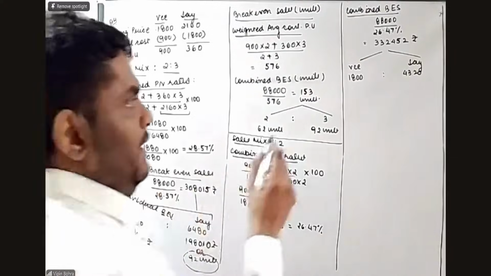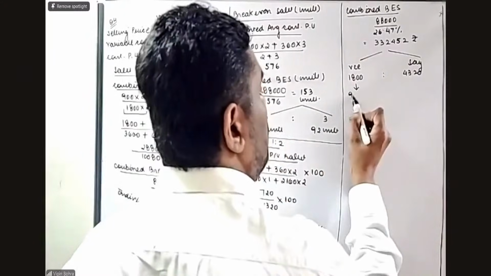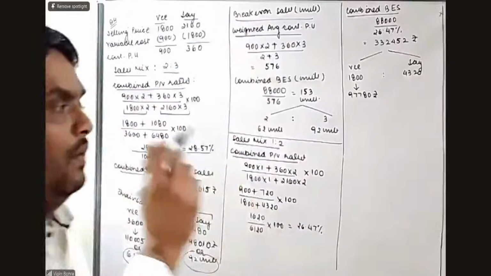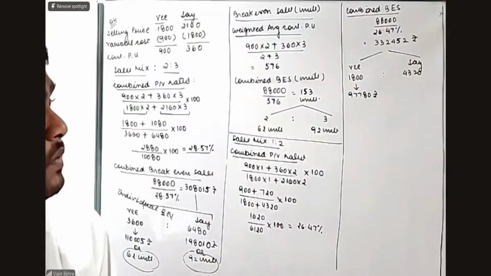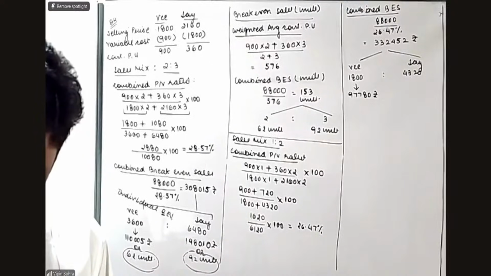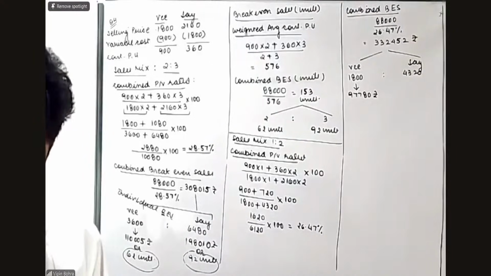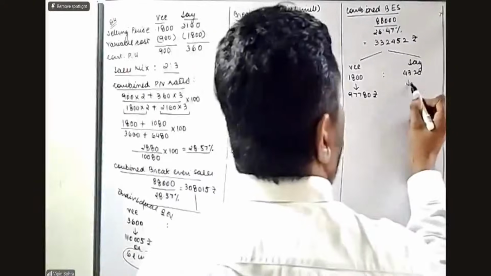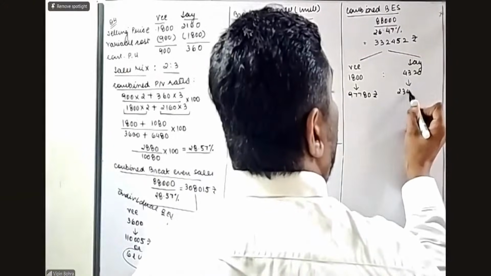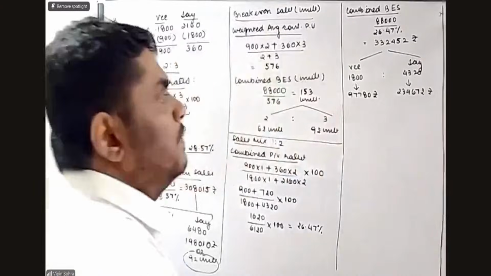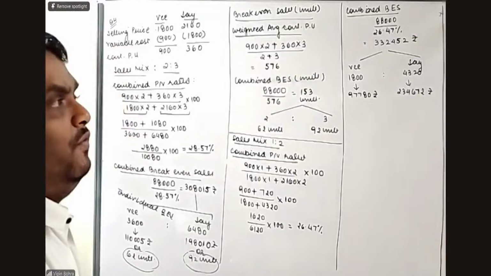So this will be 97780. It will be 234,672.